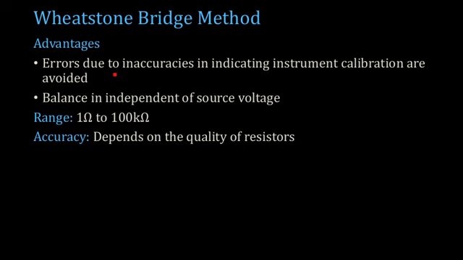Again, the balance condition is independent of the source voltage. Even if your source voltage has a different value, the balance can be achieved by controlling the values of the resistances. This is used to measure resistance values in the range of 1 ohm to 100 kilo ohm, and the accuracy always depends on the quality of the resistors that you choose.